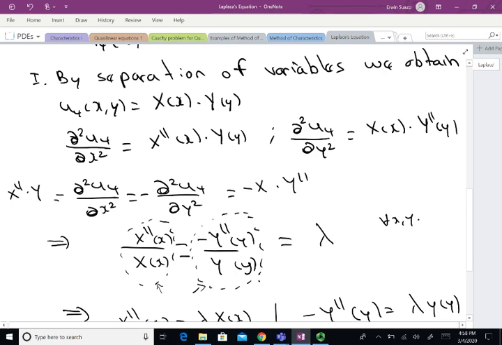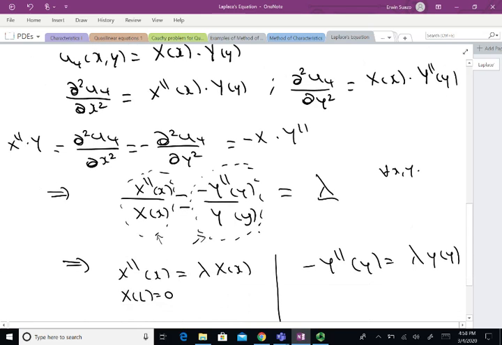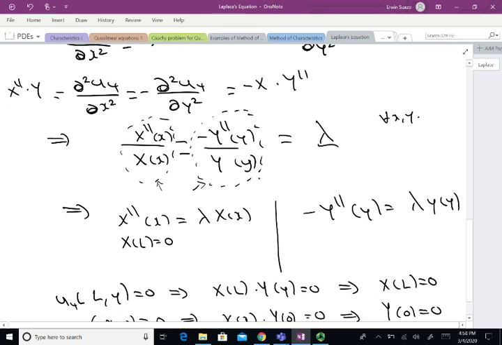So the only way this can be true is if they are equal to a constant. Let's say the constant is lambda. If I move my equations around, I get X double prime equals lambda X, and Y double prime equals lambda Y.